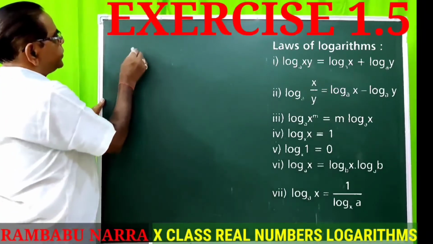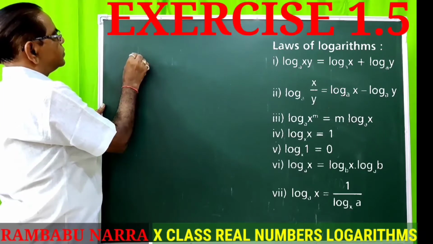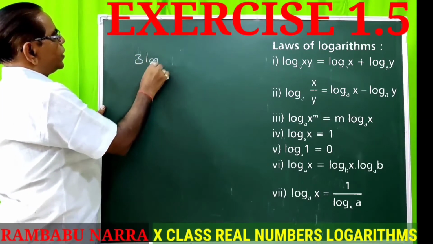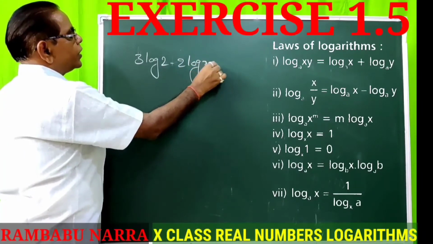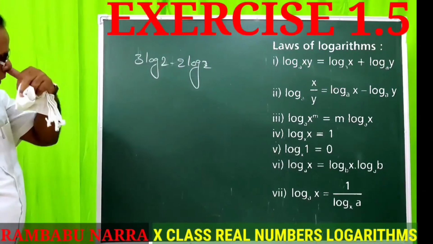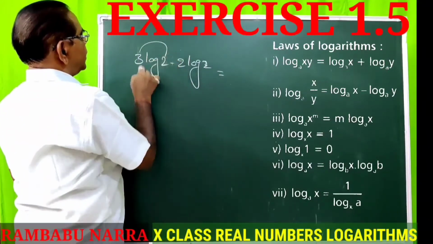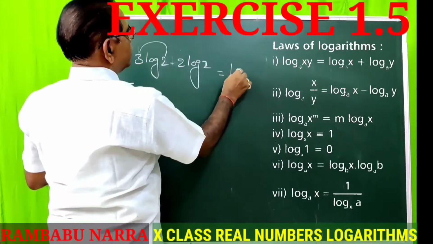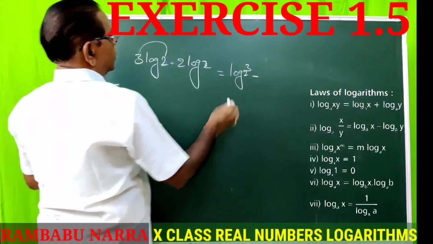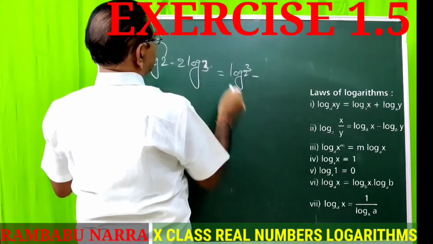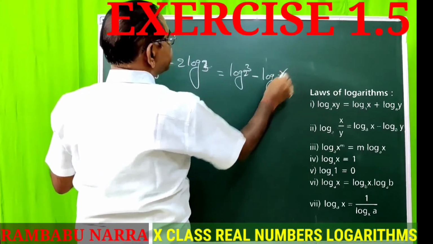Next bit, solve the problem: 3 log 2 minus 2 log 3. Find the value as a single logarithm. This is n log a, so 3 log 2 is log 2 cube, minus 2 log 3, which is log 3 square.